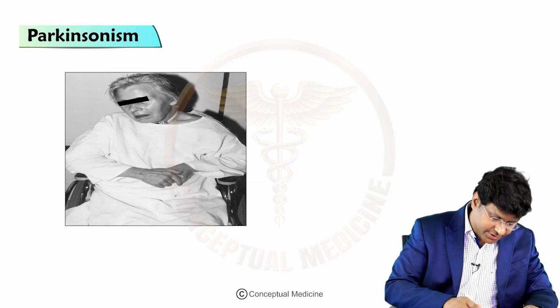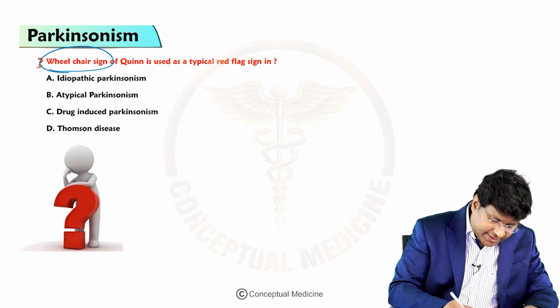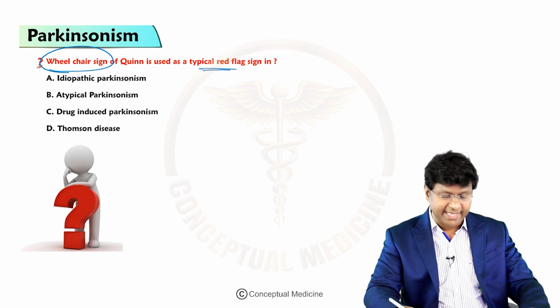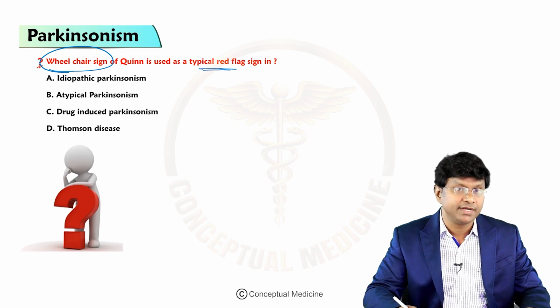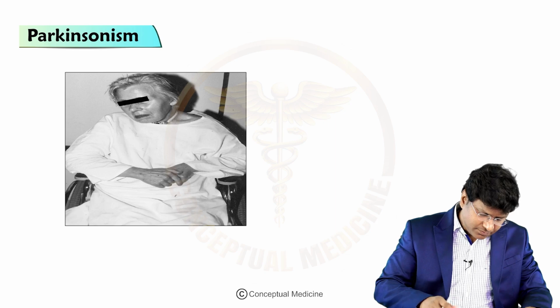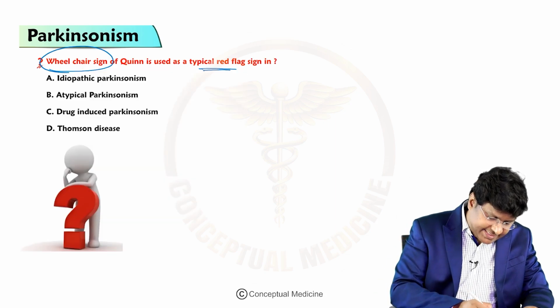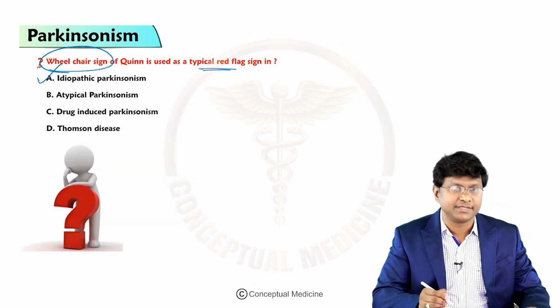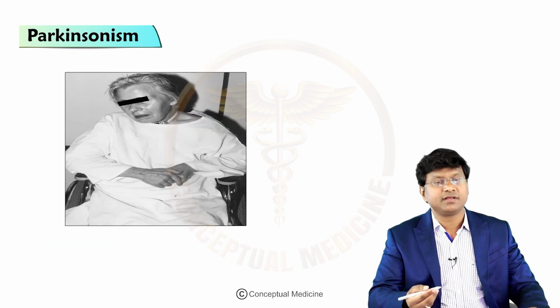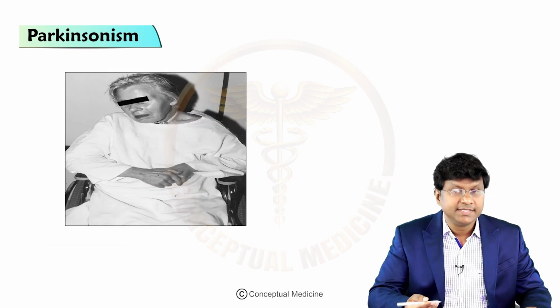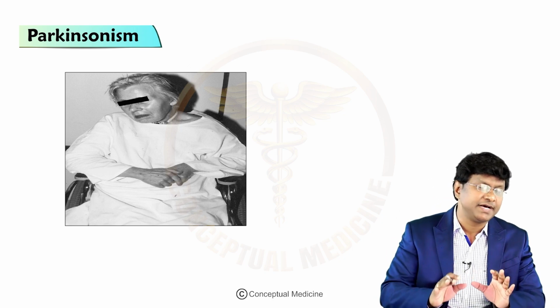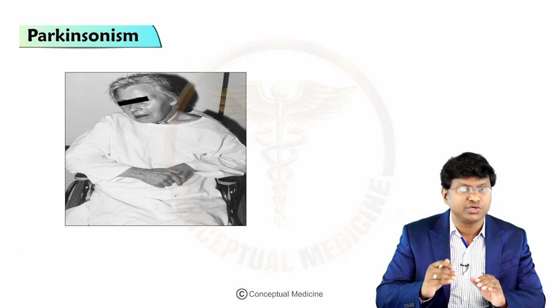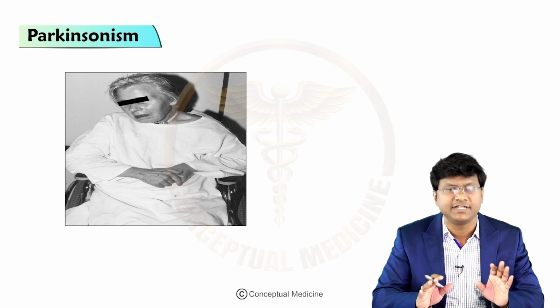Now you see a question here: wheelchair sign of Quinn is used as a typical red flag sign in idiopathic Parkinsonism, atypical Parkinsonism, drug-induced Parkinsonism, or Thomson disease. So the wheelchair sign of Quinn is seen in patients with idiopathic Parkinsonism. What is this particular wheelchair sign of Quinn? Some patients with Parkinson's disease may eventually become totally dependent and wheelchair bound.